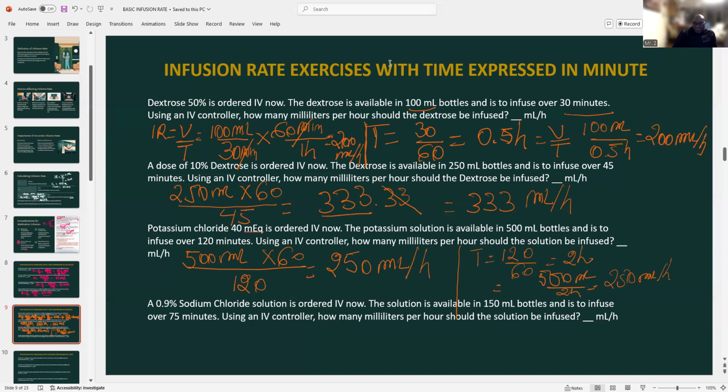Let's look at the last one. You got 150 ml to be infused over 75 minutes. So infusion rate, I have 150 milliliter multiplied by 60. Why? Because my time is in minutes, and you need your time to be in hours, because we are solving for milliliter per hour. Milliliter per hour means volume is in milliliter and the time must be in hours.